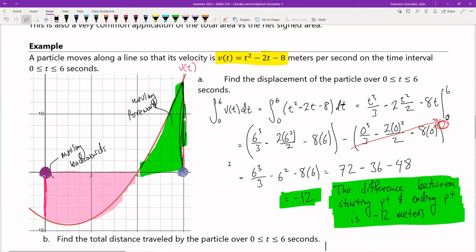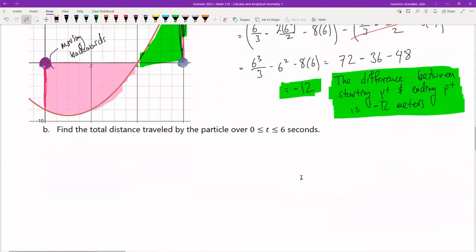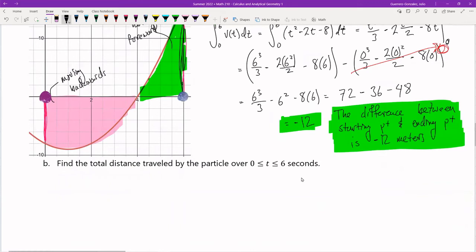So what we need to do here is this. Actually, let me leave the graph up. There we go. So the first thing I want to do is find the integral from 0 to 4 of v of t dt.